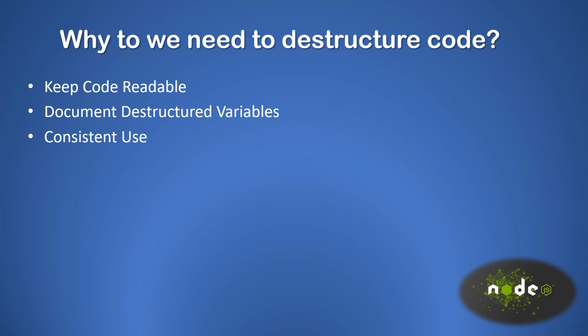Basically, destructuring simplifies code by reducing redundancy and improving readability, especially when working with objects and arrays. It enables cleaner and more maintainable code, making it very good for Node.js development.